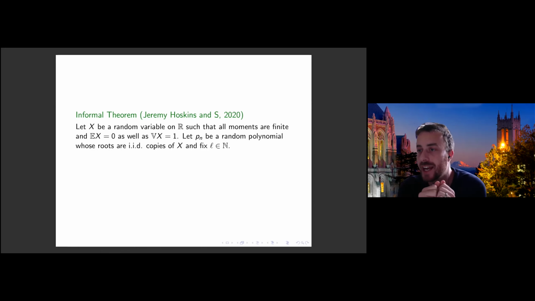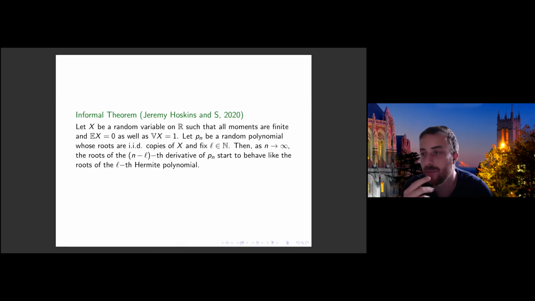Pick a polynomial of degree n, differentiate n minus 20 times, and you will get a random polynomial of degree 20. Now, it turns out as n goes to infinity, this polynomial of degree 20 will start to look like the 20th Hermite polynomial. It's a universality phenomenon for high derivatives of random polynomials. If you differentiate a random polynomial often enough, it starts becoming Hermite.